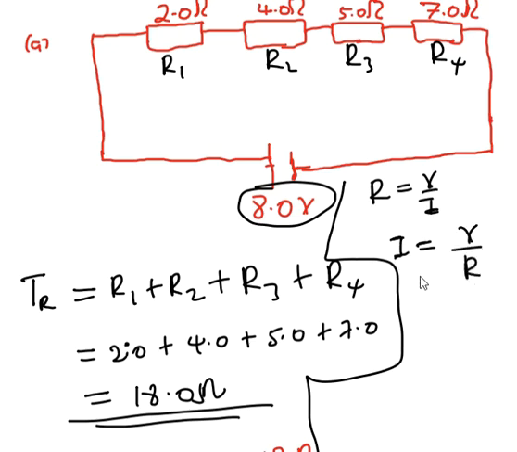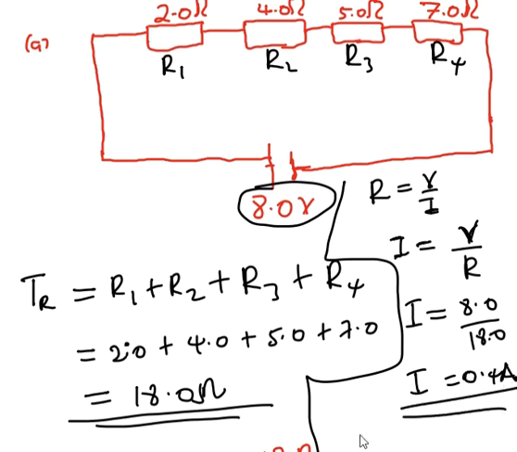So tingopanga substitute, pamene pali voltage tikapo 8.0, ndeti zakhala ndi 8.0 over pamene pali resistance ndeti tikapo 18.0. So tikapanga divide 8.0 divided by 18.0, then we get 0.4 amps. That itapeza current.